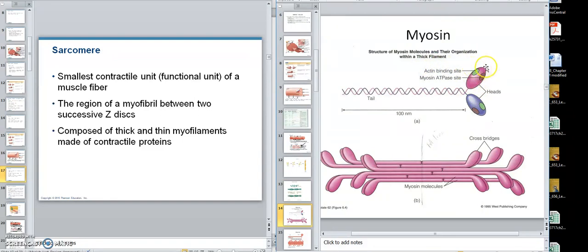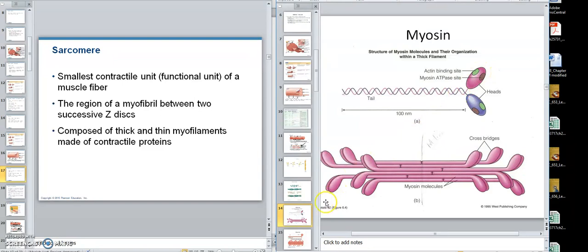The other thing, which you don't see here, is an ATP binding site, and the enzyme ATPase. So 3 things on every myosin head: an actin binding site, an ATP binding site, and the enzyme ATPase. ATPase is the enzyme that breaks down ATP when we need it.